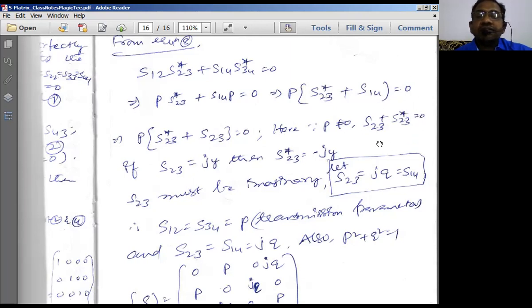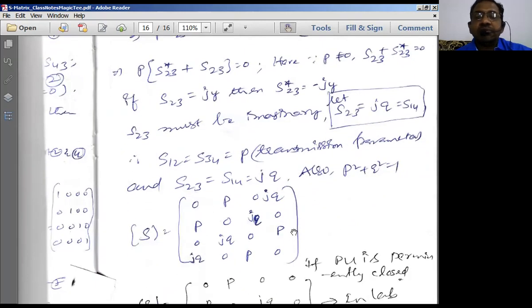So therefore, this parameter should be equal to 0. So I can write this as, if S23 is made equal to JY, some imaginary component, then S23 star I can write as minus JY, because S23 and S23 star are going to be complex conjugates. To designate the complex conjugate property, we consider minus here. S23 star is minus JY, S23 is just plus JY. It indicates the complex conjugate symmetry representation.